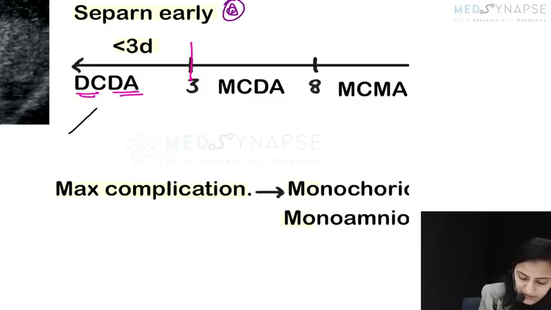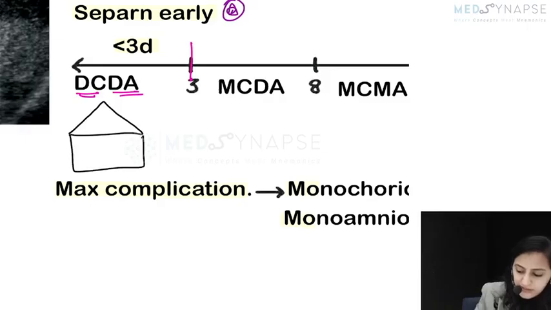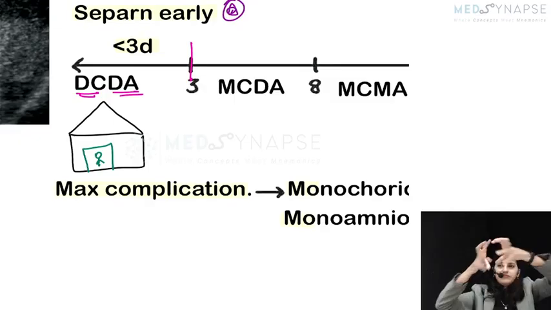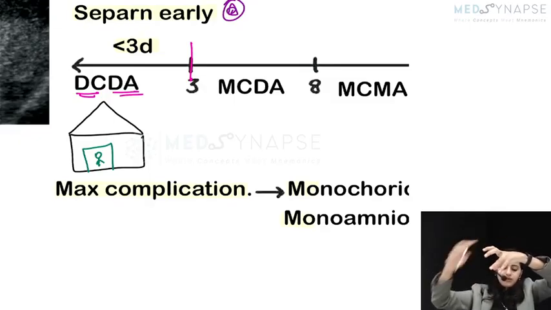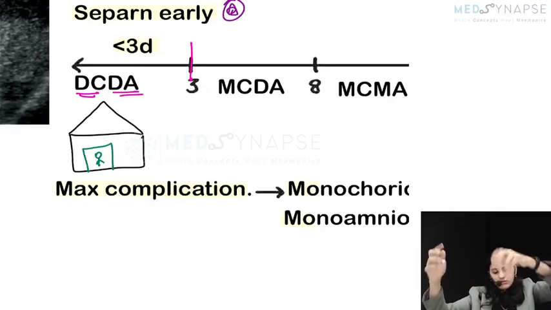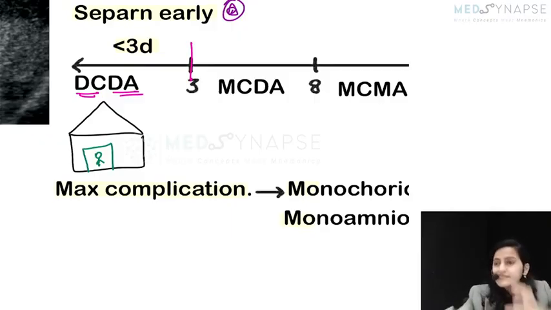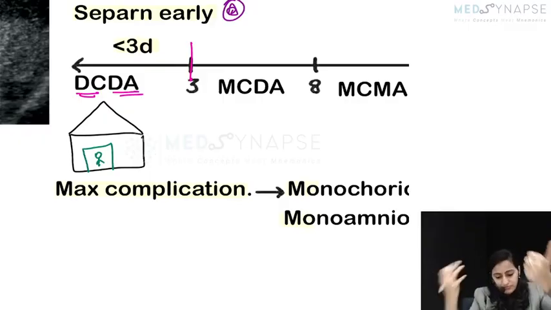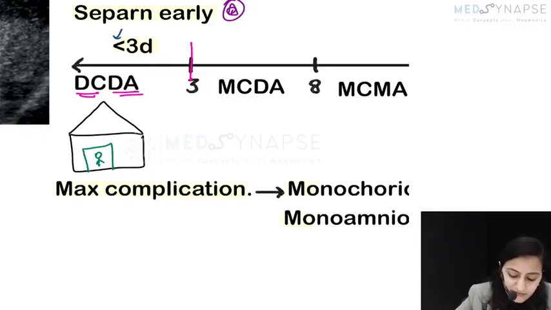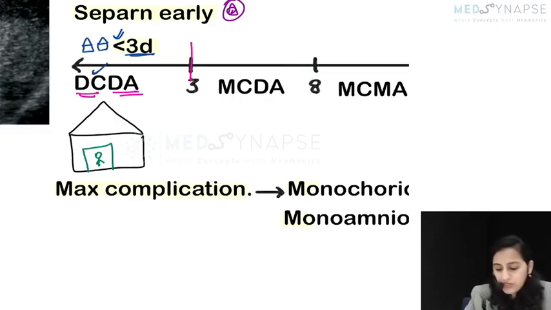So remember that the chorion is like the house and the amnion is the room जिसमें the fetus is staying. So fetus staying, first covering is the amnion और बाहर वाला is the chorion. So when I say the separation is maximum, the separation is maximum when the separation is early. They are having more independent life. तो जल्दी separate कर दिया तो दोनों के घर भी अलग हो जाएंगे. So it will become dichorionic.